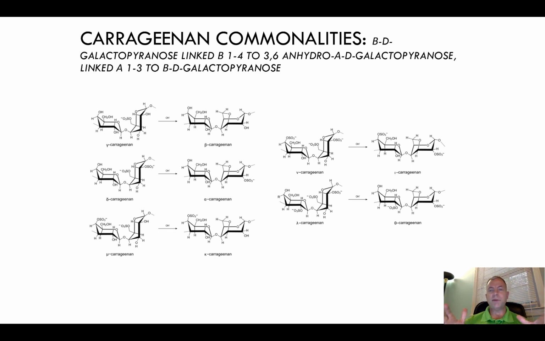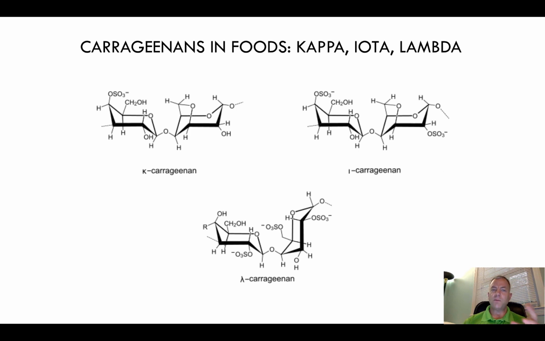So they're built around galactose in terms of the sugar, and these are beta 1,4 linked. They can be linked in various ways, but they're all built around galactose and these different types of linkages and different degrees of sulfation. So the ones that we deal with in foods primarily are going to be Kappa, Iota, and Lambda Carrageenan.